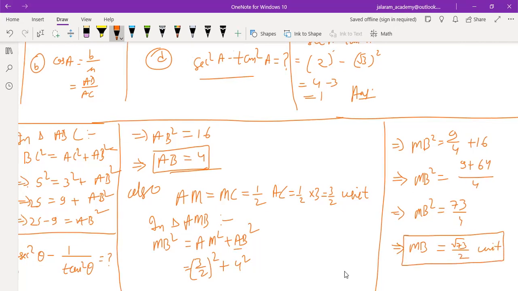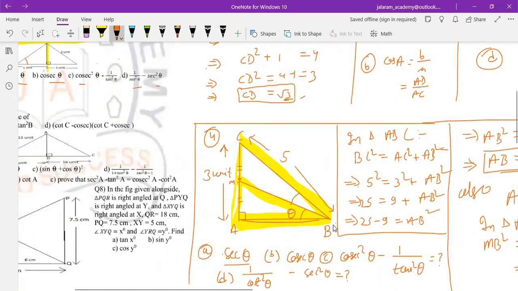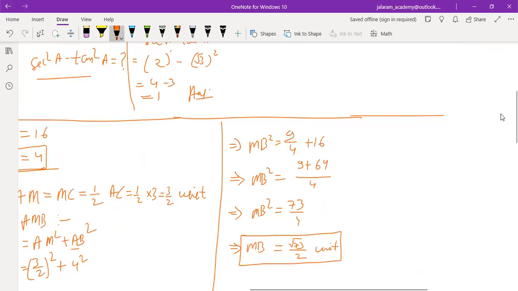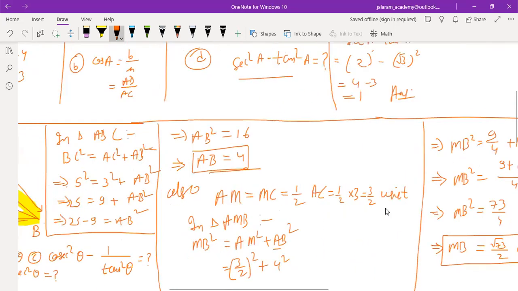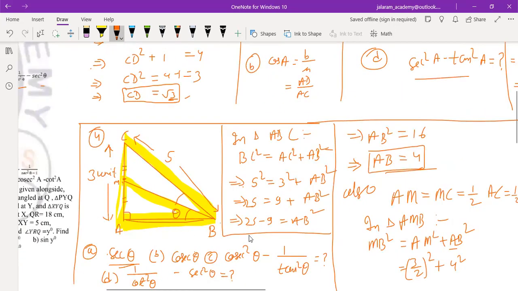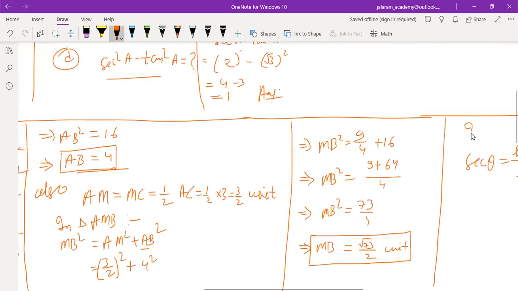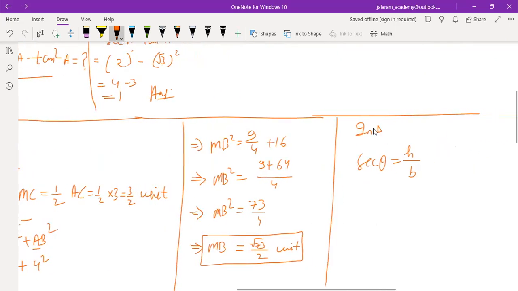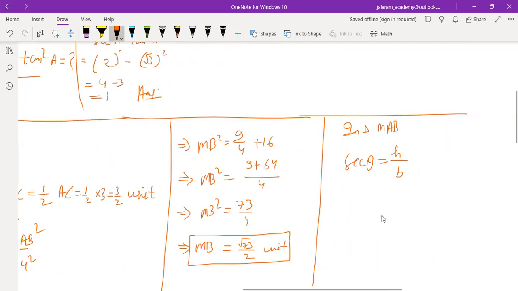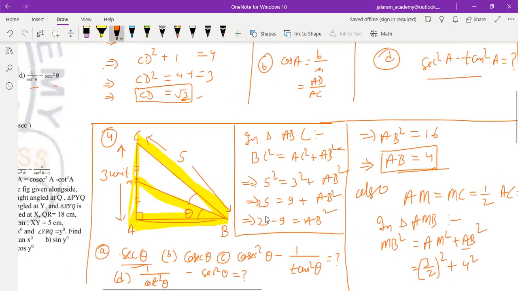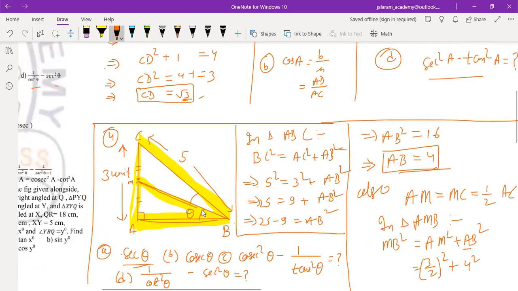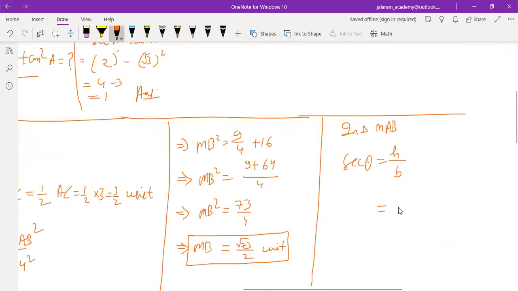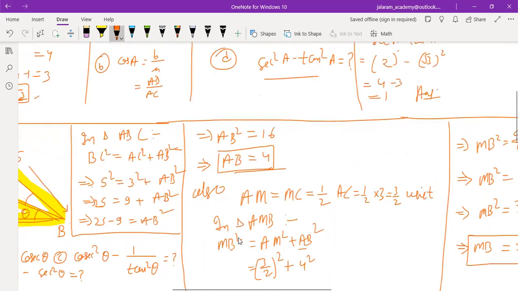So after finding this MB, now we can find the value of sec theta. Sec theta is the ratio of what? It is the ratio of hypotenuse and base. And in which triangle does it lie? It lies in triangle MAB. So we write in triangle MAB, sec theta is hypotenuse upon base, and the length of hypotenuse is MB. So we write MB, and length of base is AB.